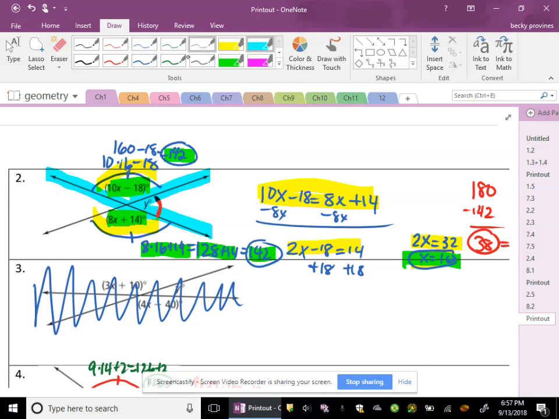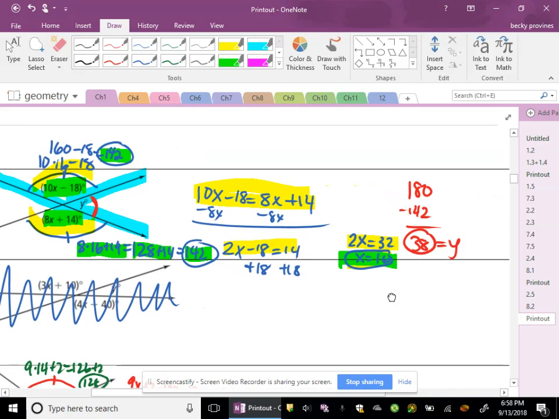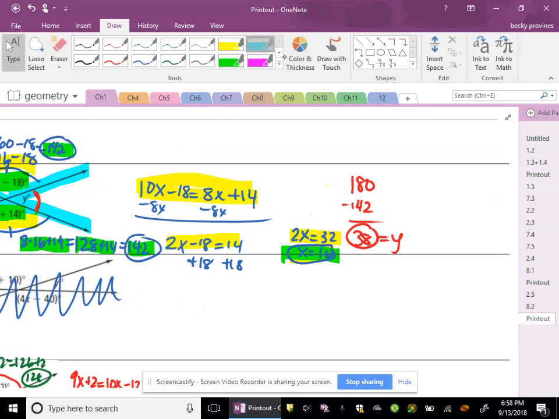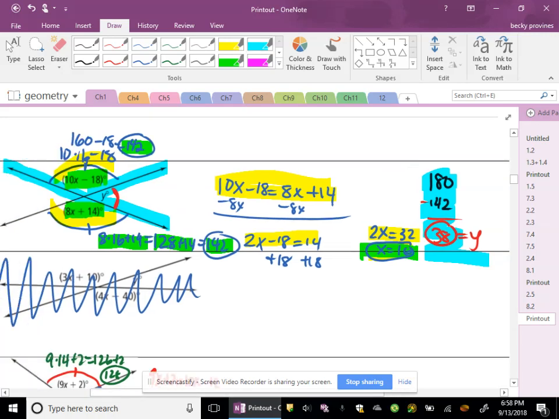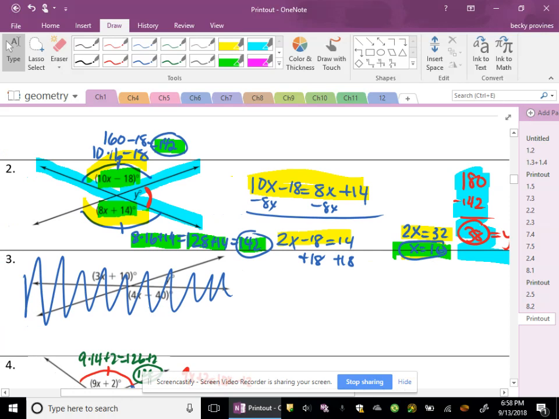So if the entire angle is 180, and we know that one of the vertical angles is 142, all I have to do, and I did it over here in red, I took 180 and subtracted 142 to get 38. So that's how you get y.